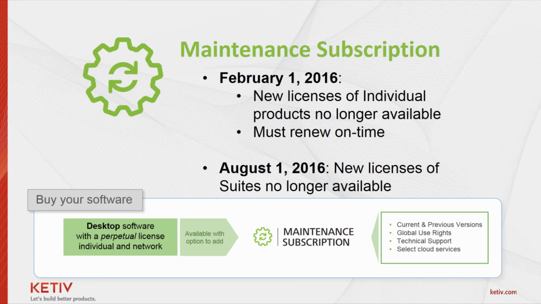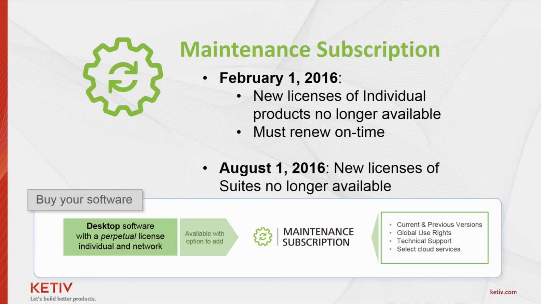You'll want to look at locking in the contracts you have today for maybe a multiple year option, so you lock in the rates and are assured you have the current model as you go forward. And then the second date here is August 1st, when the maintenance subscription will retire for all products, including the suite products.